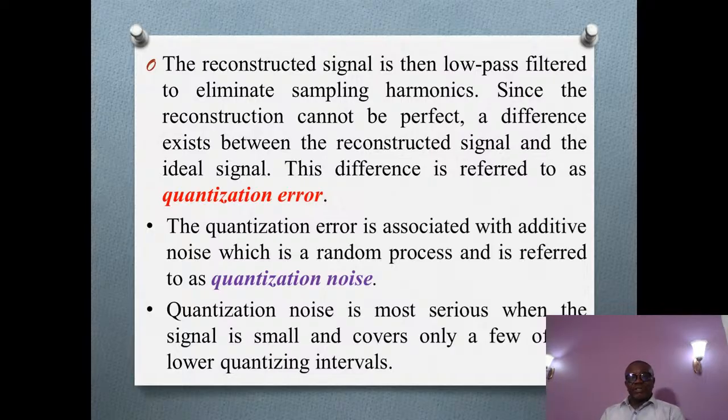So, put simply, you are receiving a signal and sampling it and taking bit by bit of it to transmit. At the receiving end, you try to reconstruct. There is no way you can get back all the signal because you are taking certain values of the signal at certain points.